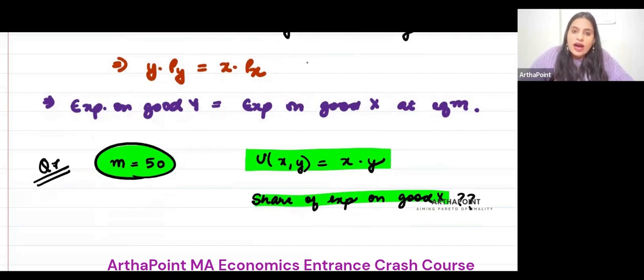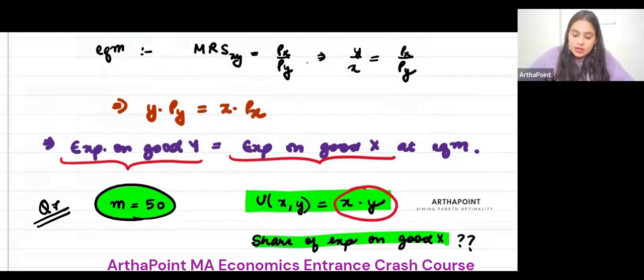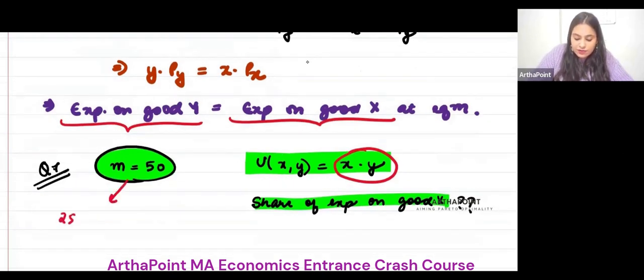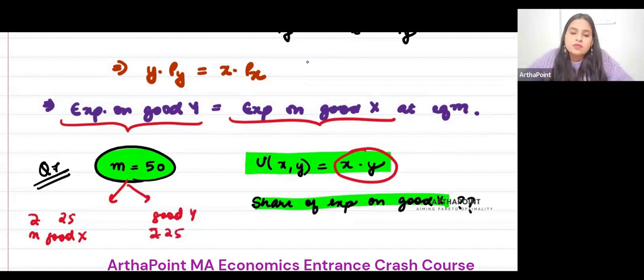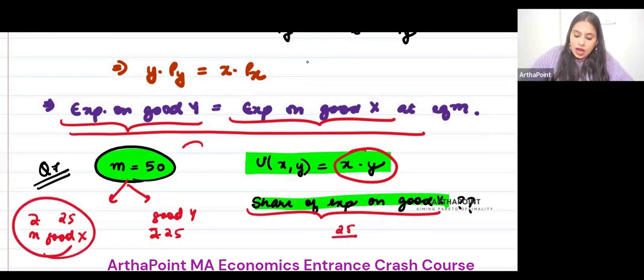Good. So I know that I will be spending equally on good X and good Y because it is a Cobb-Douglas utility function. That means that I will be spending 25 rupees on good X and I will be spending 25 rupees on good Y because of this property. And if I will be spending equally on good X and good Y, then the share of my expenditure will be 25 out of an income of 50, into 100.